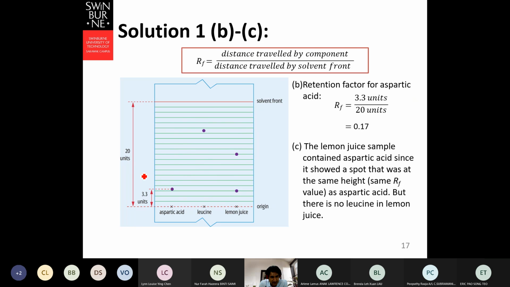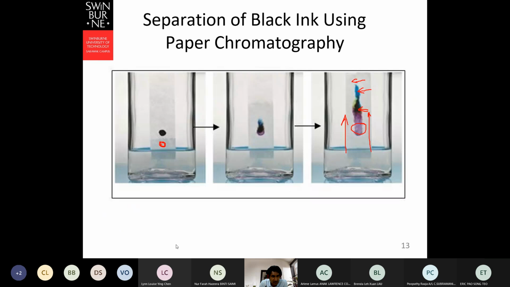And for aspartic acid, the Rf, the retention factor, is 3.3 units over 20, because the solvent reached until here. If we get a close look, we'll see the solvent moved until this part, and we started from here.